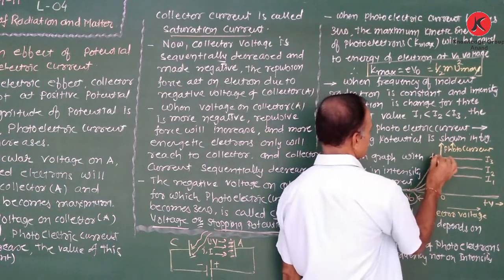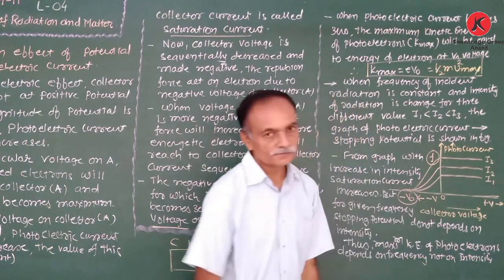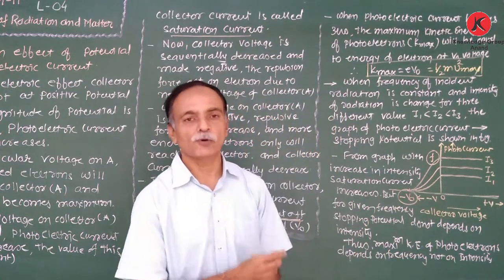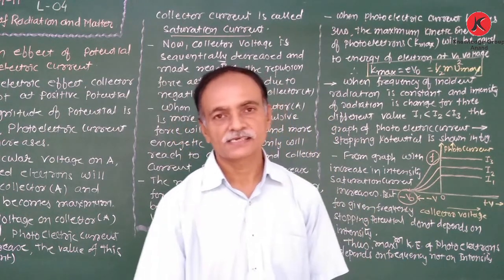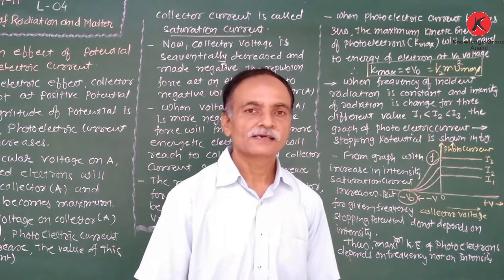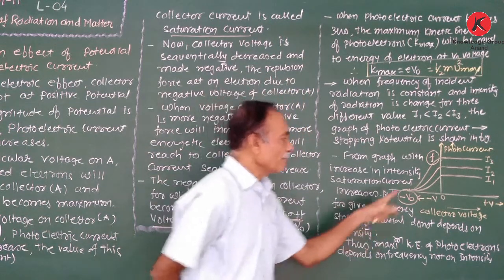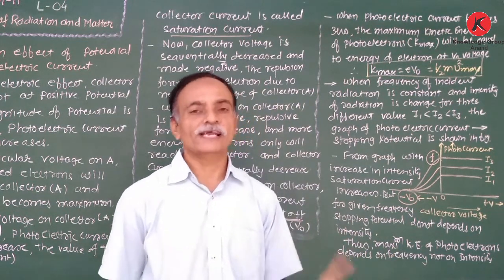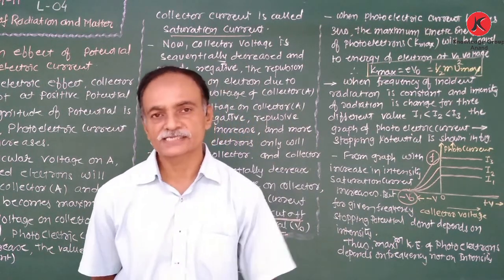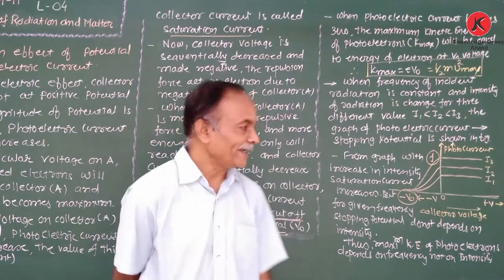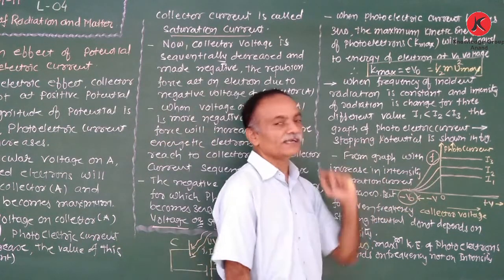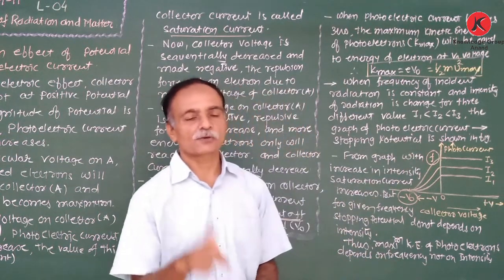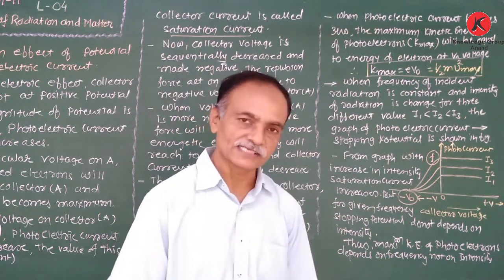The value of the stopping potential is also the same for all these intensities. So it shows that the stopping potential is constant, that means the kinetic energy of the photoelectron does not depend on intensity. It is independent of the intensity of incident radiation. As the frequency changes, the stopping potential also changes.